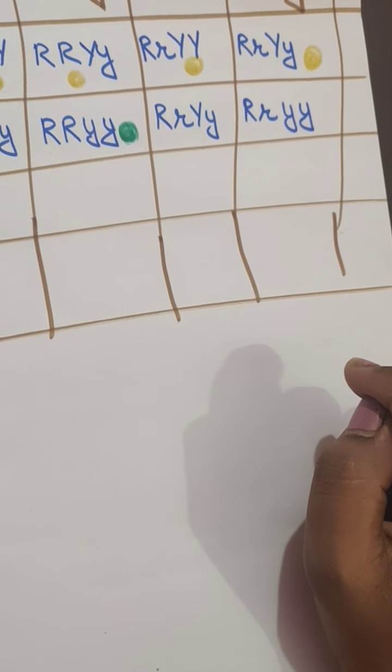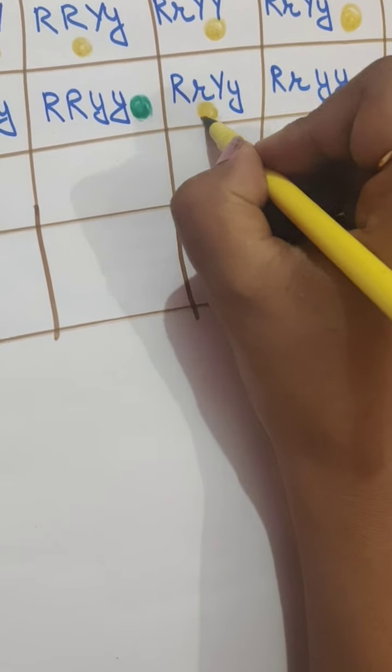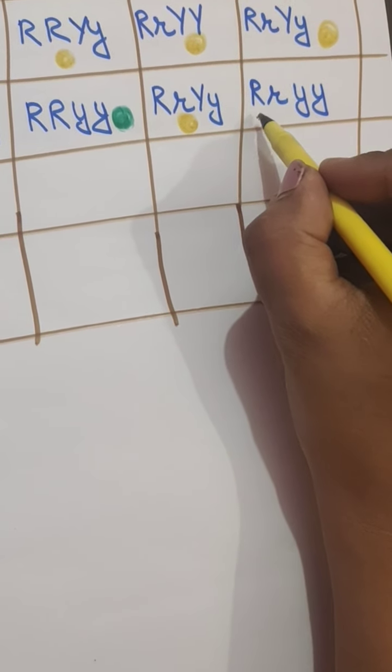Okay, so now next is capital R, small r. Again it has to be yellow and round. Now this again is green color. It has to be yellow, but both are small y, so it will be green color.